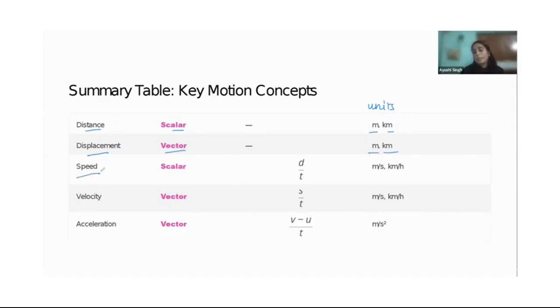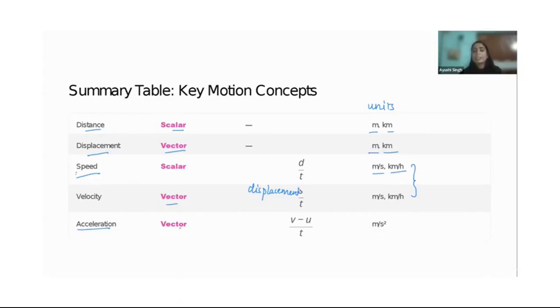Speed is just distance upon time. Velocity is having direction also, so it is a vector quantity and it is given by displacement upon time. Now these two use the same units, meter per second or kilometer per hour, for both speed and velocity.